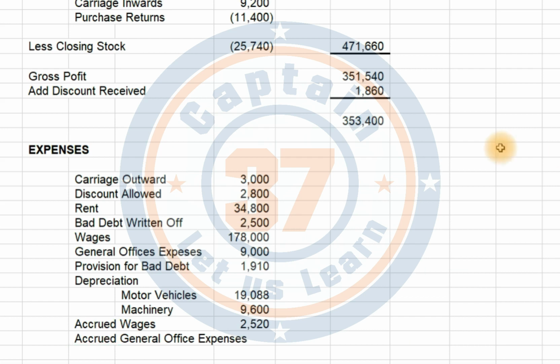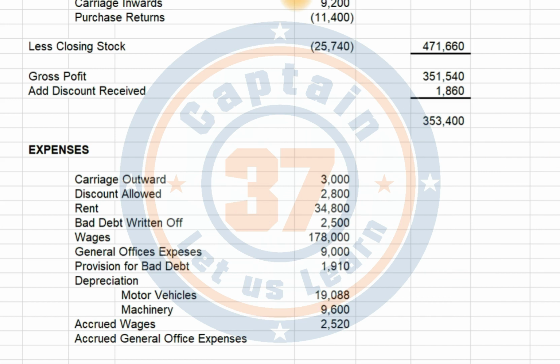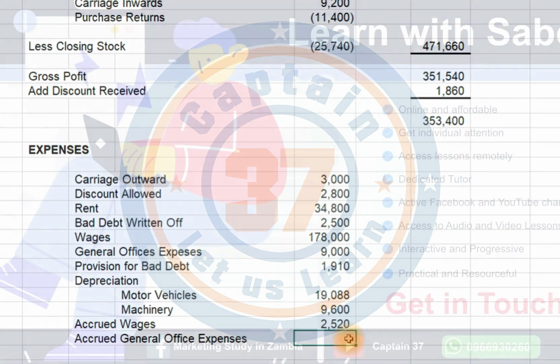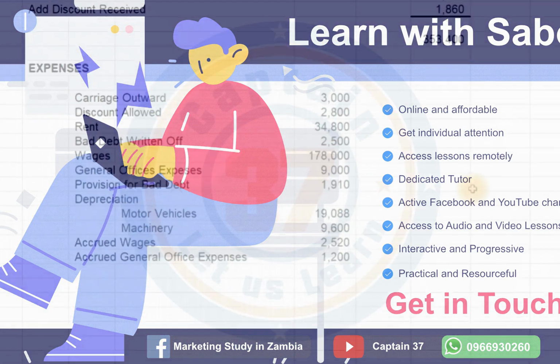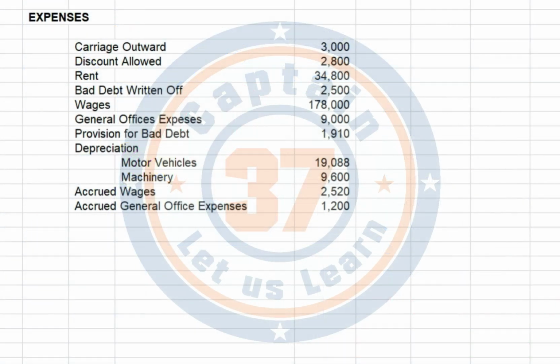Okay, so I'm just going to move this to make it much more presentable and to make sure that we have space. So accrued general office expenses came to 1,200. Equally, we'll add. With accruals, you always add. Are we done? No. There are some other actions that we need to perform based on the additional information that was given.